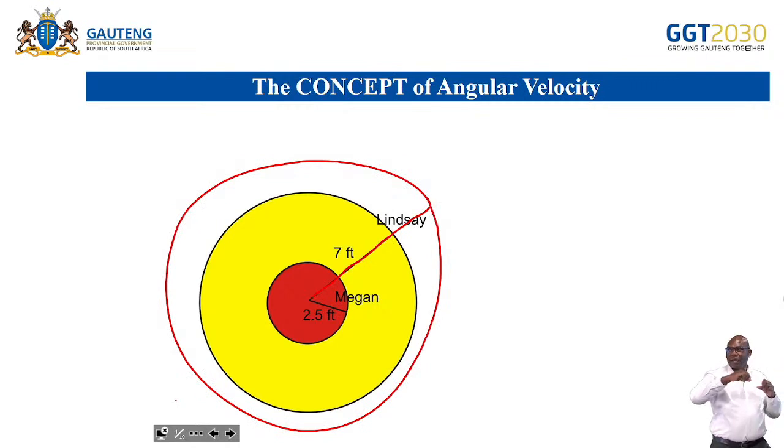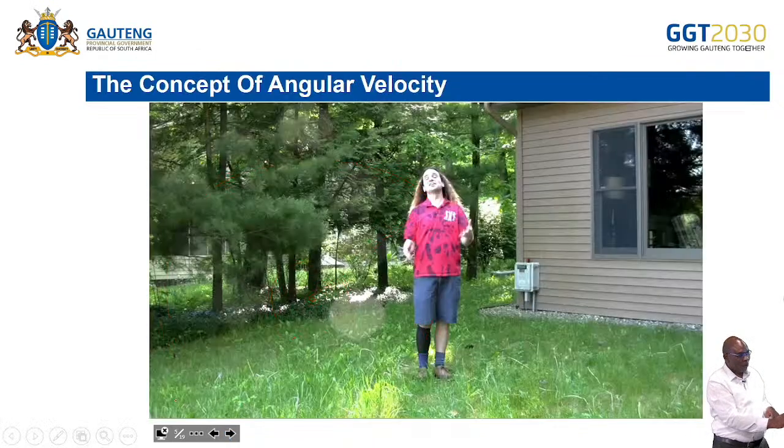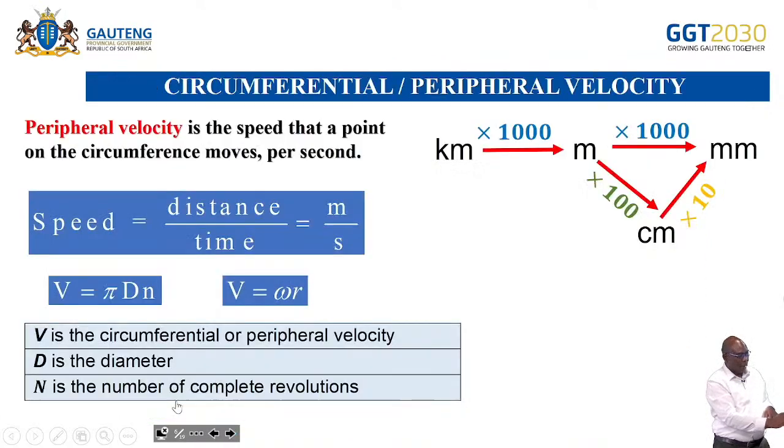So the circumferential velocity will be much faster when we increase the radius. You'll see when Grandma was there, the angular velocity was the same, but with Lindsay, you can see that Lindsay was going much faster than the other members of the group.